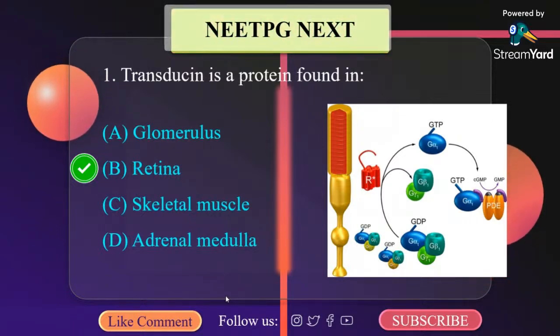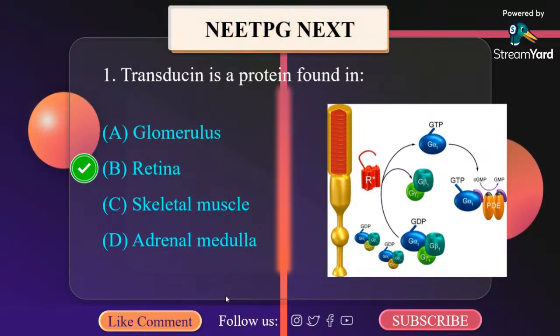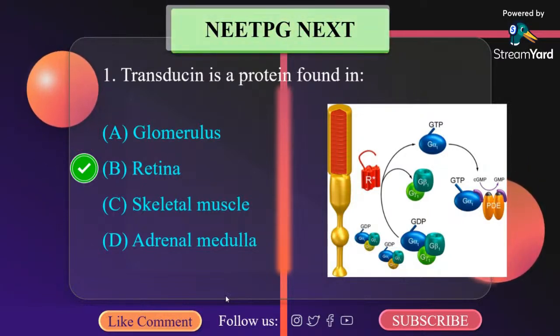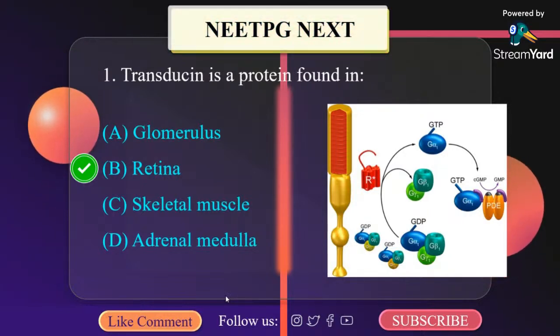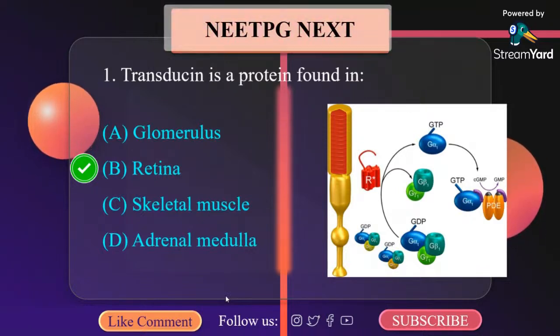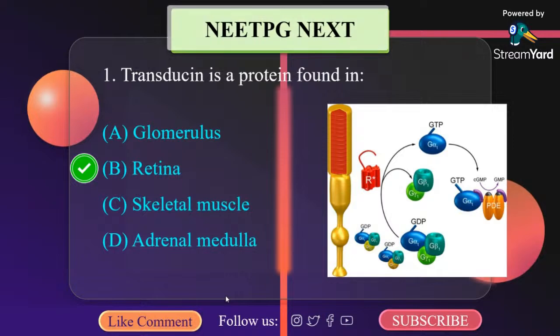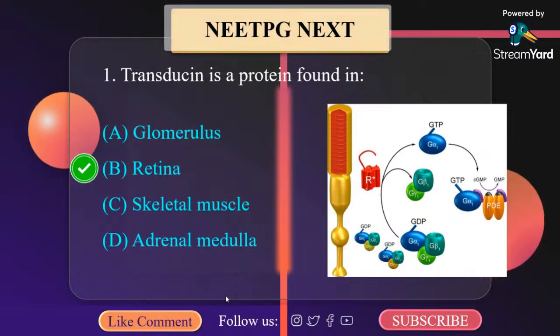and results in activated alpha dissociating from beta gamma. This active transducin alpha then causes cyclic GMP phosphodiesterase to increase its activity, thereby lowering the concentration of cGMP, which is an intracellular second messenger molecule.